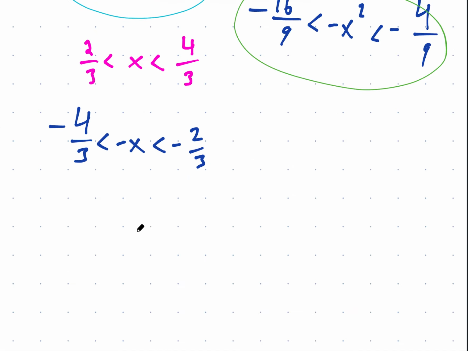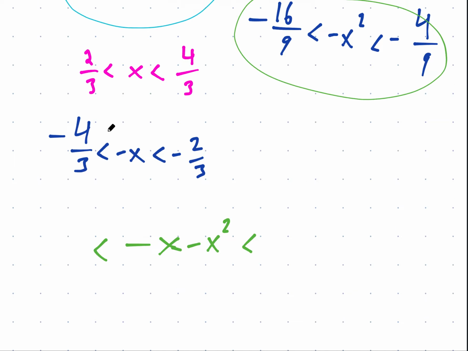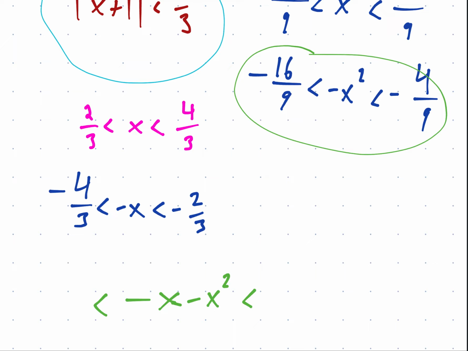So adding them together, we get negative x plus negative x squared, which is minus x squared minus x. This will be in between. Negative 4/3 is going to be the same thing as saying like the 16/9, right? So you have negative 4/3. Oh, sorry, not 16/9. Whoops.